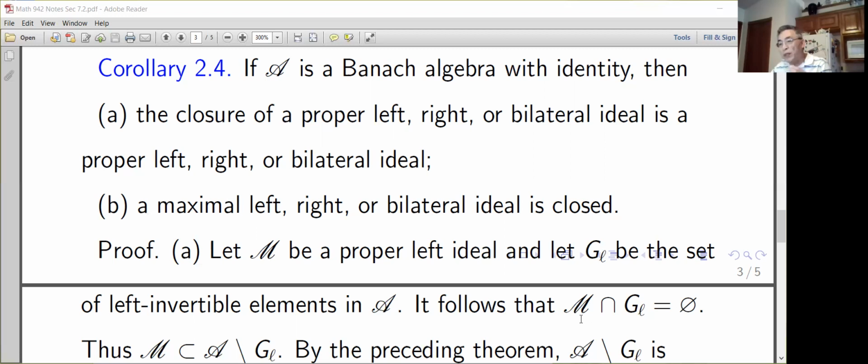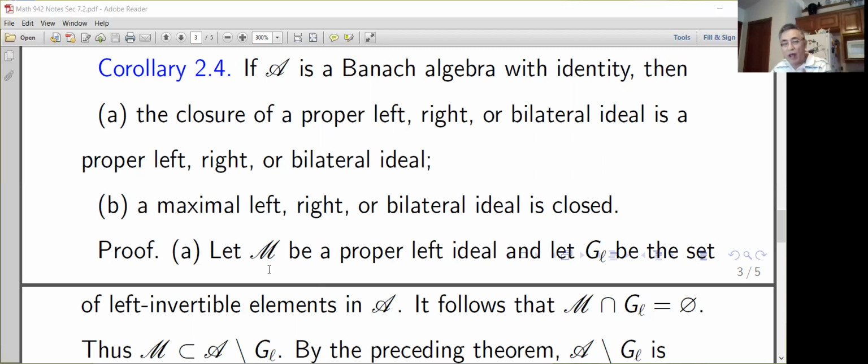Since b is left invertible, it has a left inverse a, so a times b is 1. By the definition of a left ideal, this a times b is a member of M.